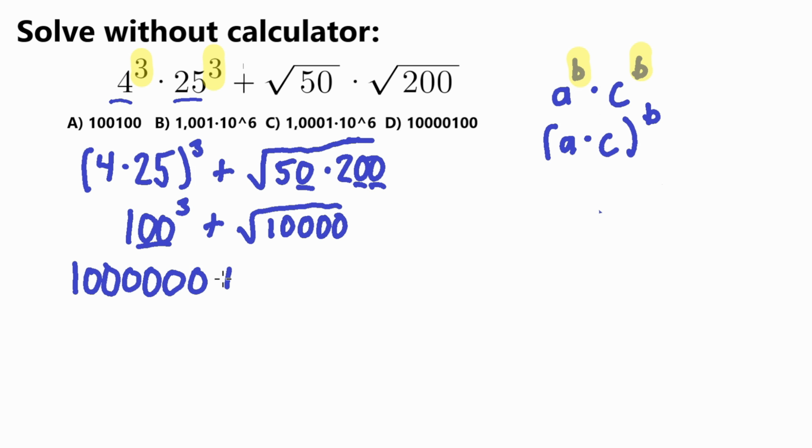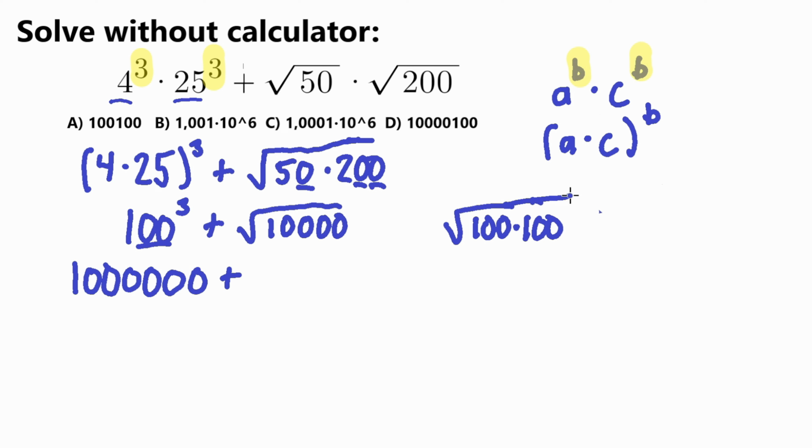And now plus square root of 10,000. So what is this square root of 10,000? We can rewrite 10,000, if you see there are 4 zeros, so we can split that up and make it as 100 times 100, right?